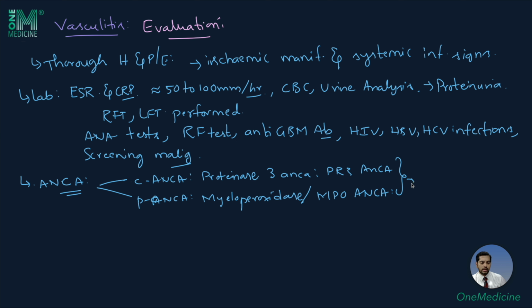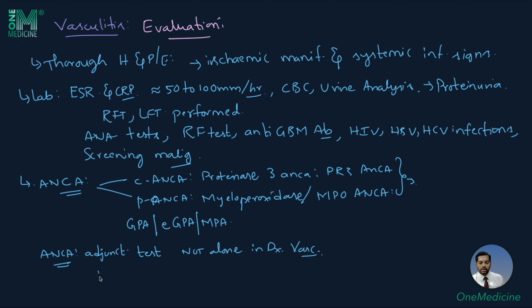These ANCAs in various proportions are associated with granulomatosis with polyangiitis, eosinophilic granulomatosis with polyangiitis, and microscopic polyangiitis. It must be understood that ANCA is an adjunct test and should not be used alone in diagnosis of vasculitis.